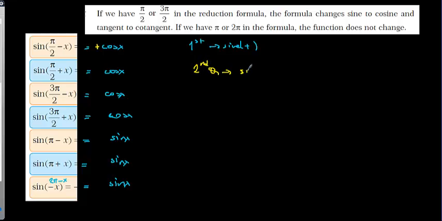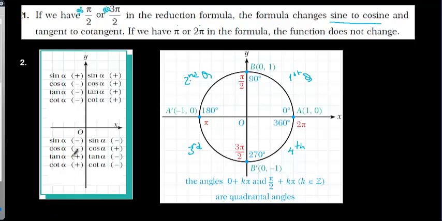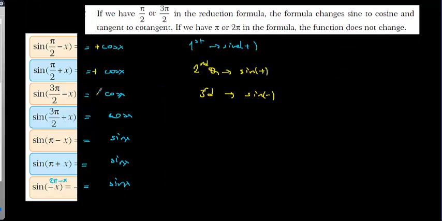In the second quadrant, sine is plus again, so this is plus. In the third quadrant, sine is negative, if you remember from this table. So it's going to be equal to minus cosine x. Here in the fourth quadrant, 3 pi over 2 plus x, which is 270 plus x, it's going to be minus again.